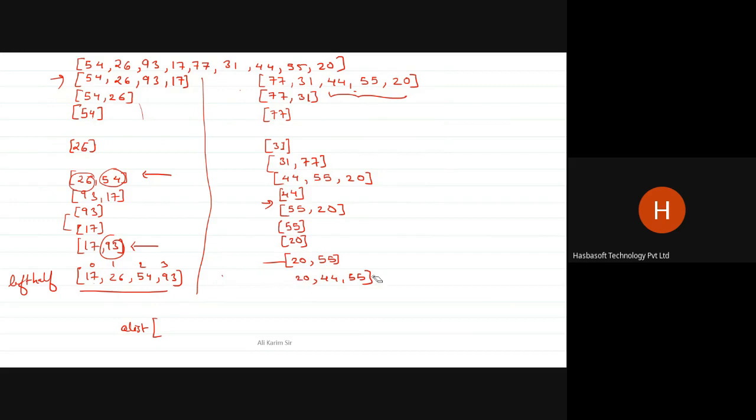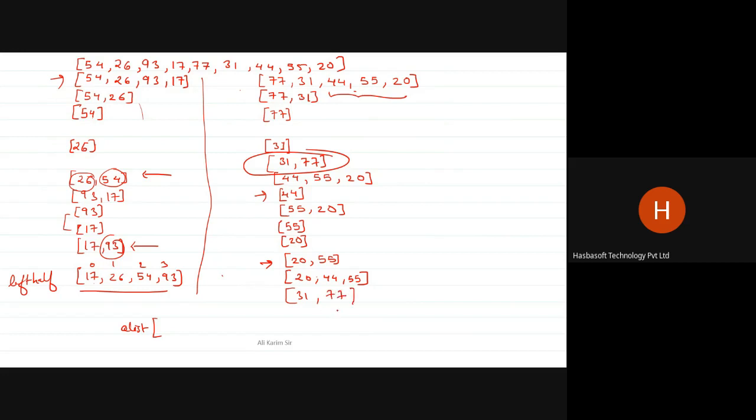So before going there, my pardon, please. Here, what are we building? From this, 20, 44, and 55. This array was left, this one. We did not do this one, right? So I need to solve this also: 31 and 77.